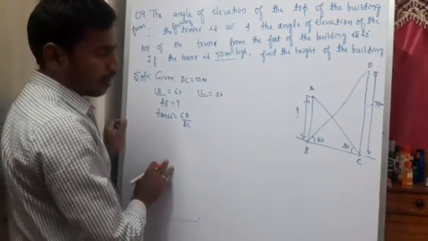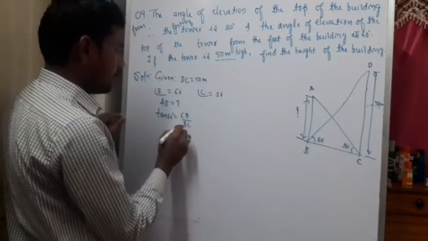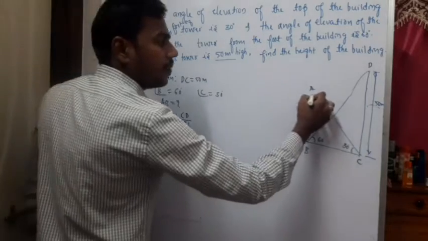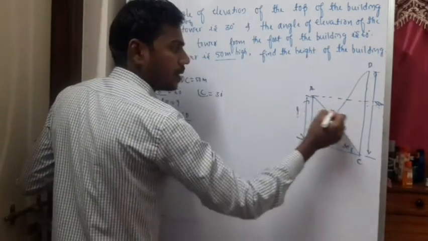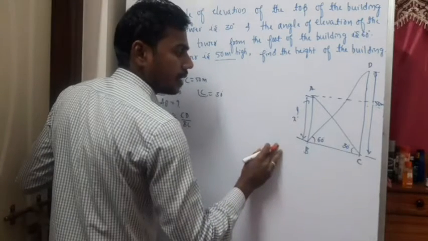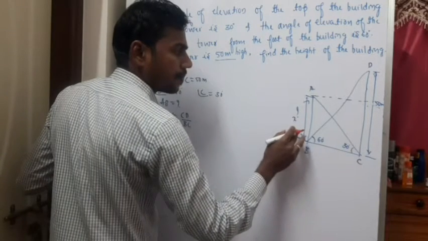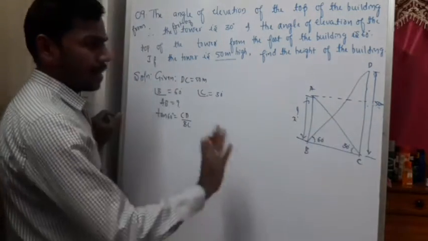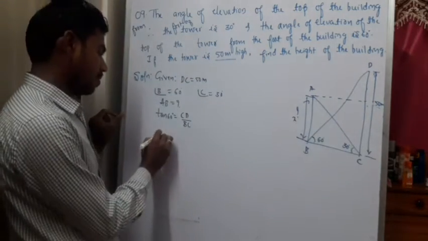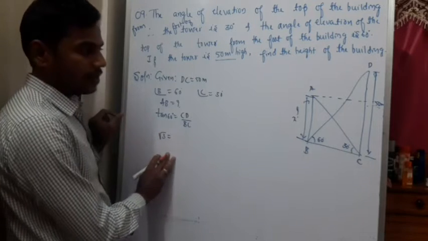Tan 60 is equal to root 3, which is equal to CD by BC.